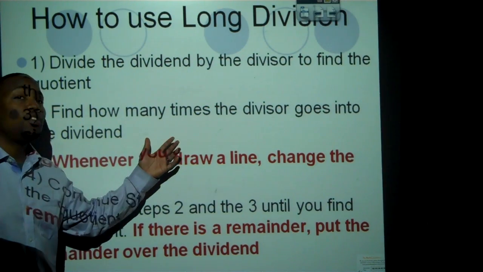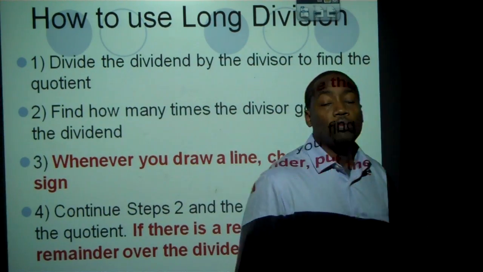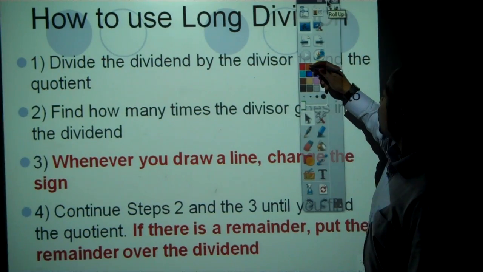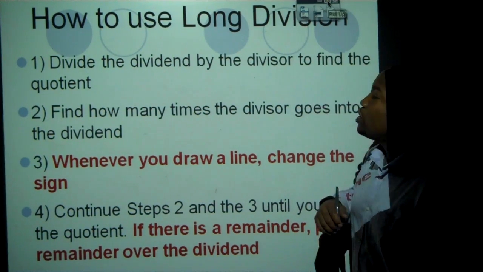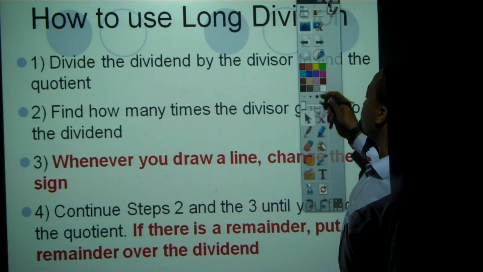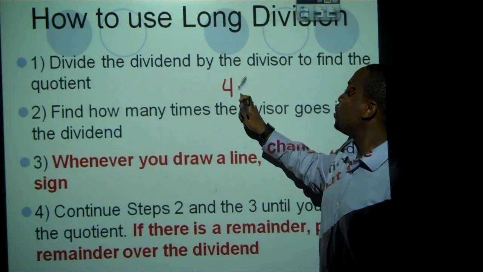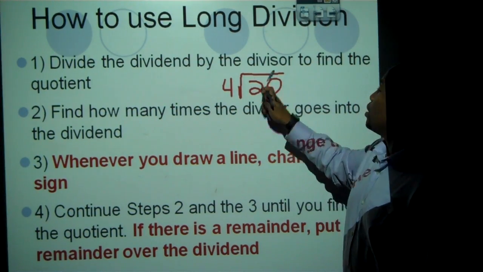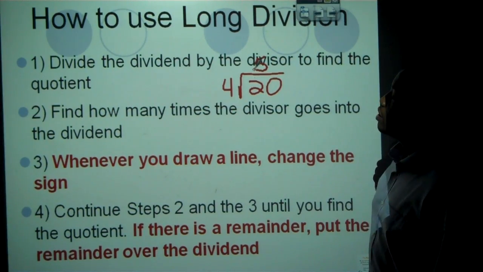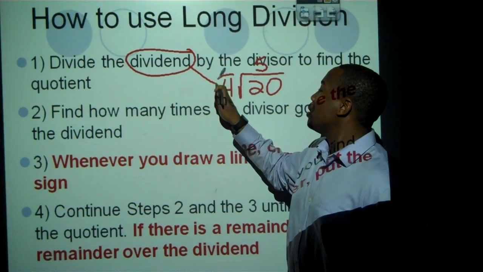Before I give you these directions, I want to point out some keywords that you may not remember. First of all, let's say for example, 4 divided by 20, and my answer, of course, is 5. My 4 is my dividend.